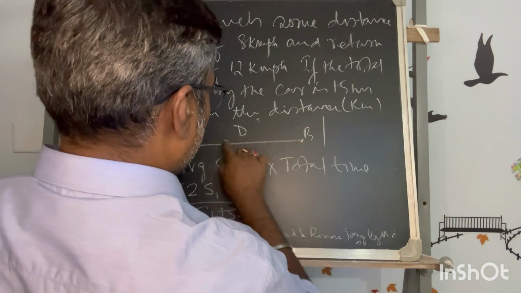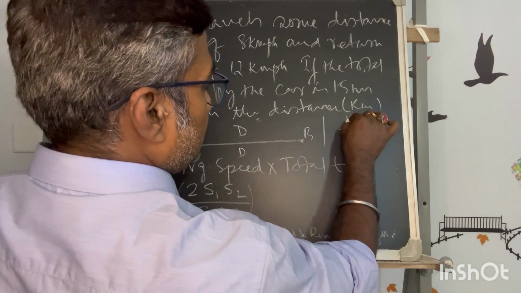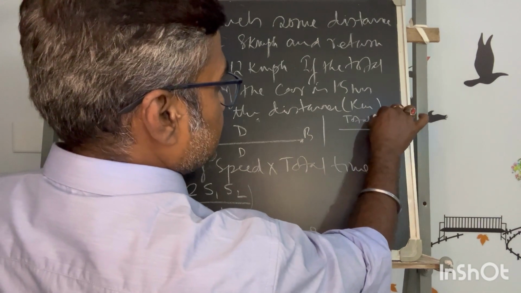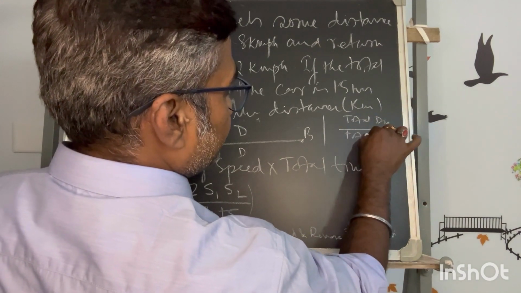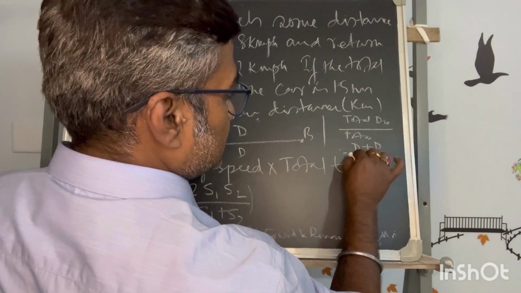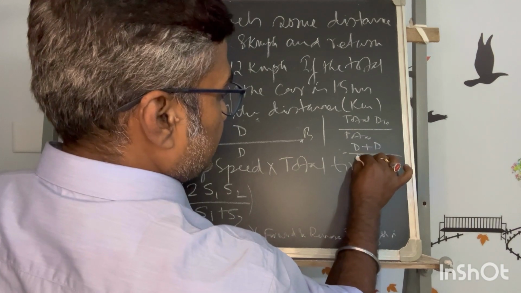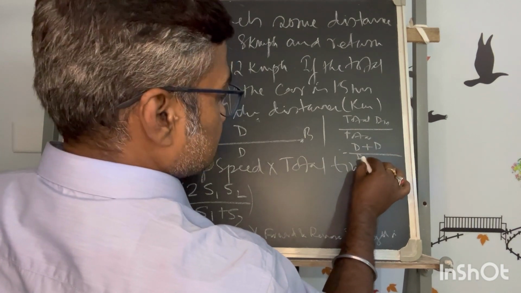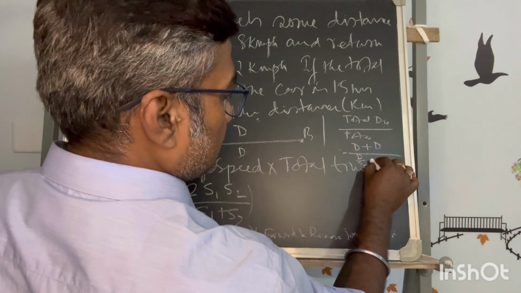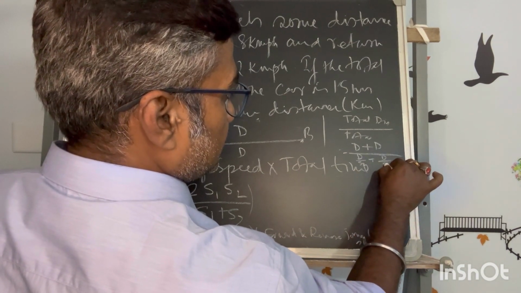If the forward journey is D, what is the average speed? Total distance upon total time. What is the total distance? D for the forward journey, D for the reverse journey. This is the total distance. And what is the time for the forward journey? Distance upon speed, D upon S1, and for the reverse journey D upon S2.